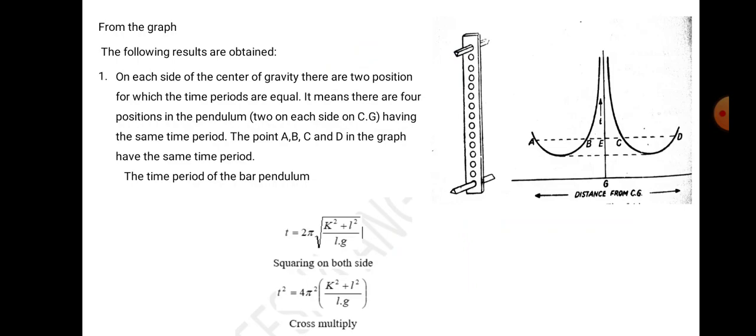As we already know, the time period for the compound pendulum is the same as the time period for the bar pendulum, that is T = 2π√((k² + l²)/(lg)). Squaring both sides, T² = 4π²(k² + l²)/(lg). Cross multiplying, T² l g = 4π²k² + 4π²l².